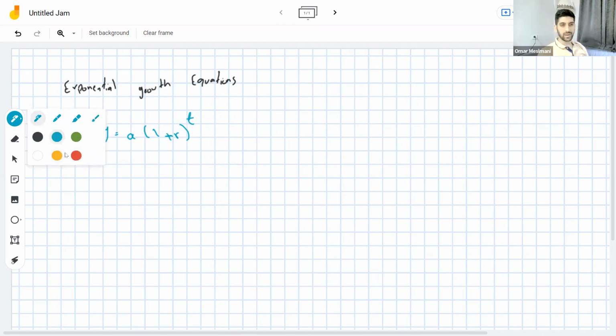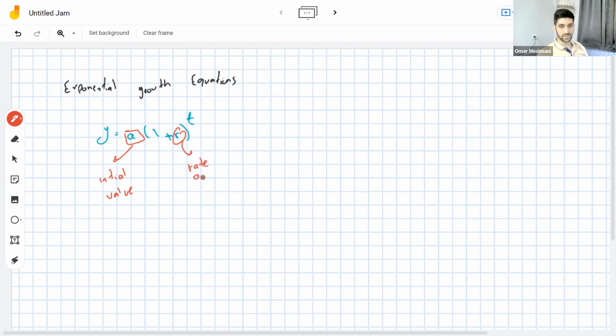And we agreed that this a stands for the initial value, and the r stands for the rate as a decimal, and the t stands for the time, right? T is represented by time.